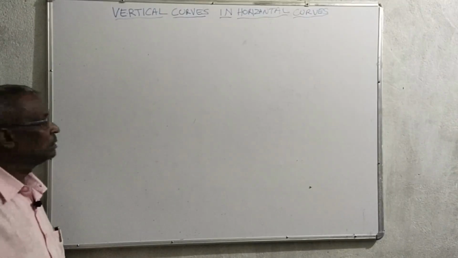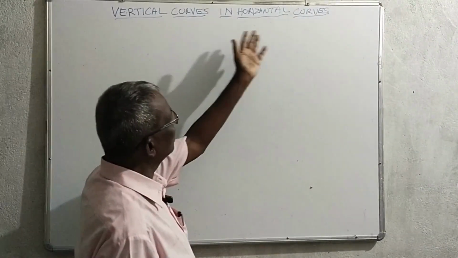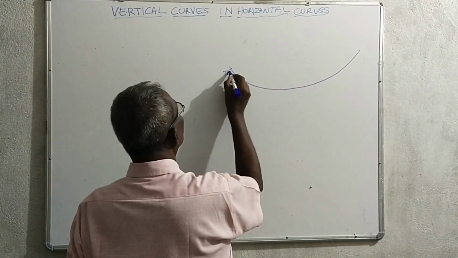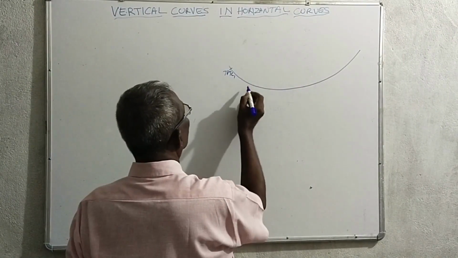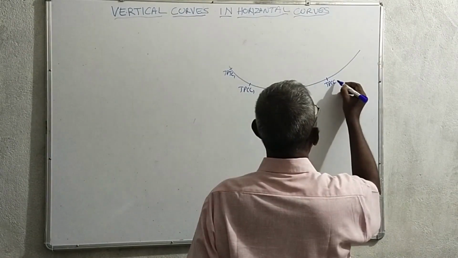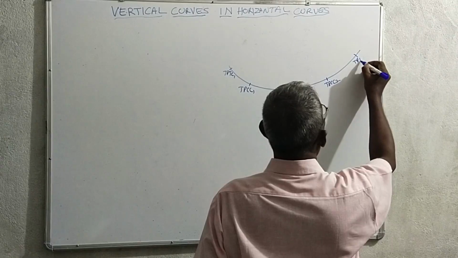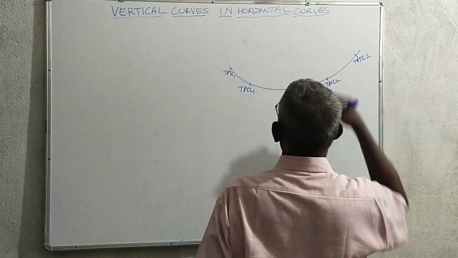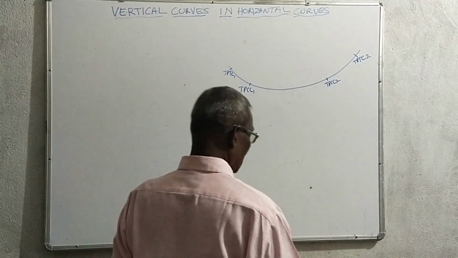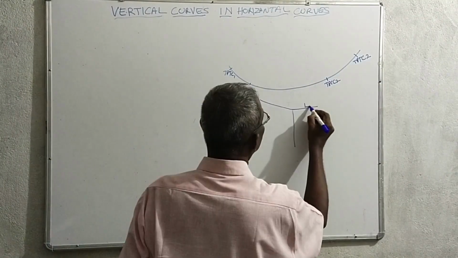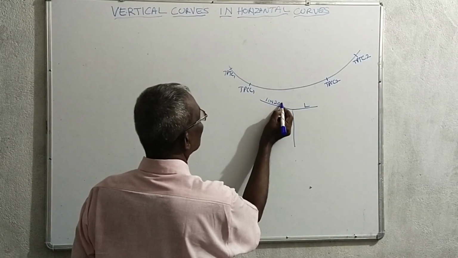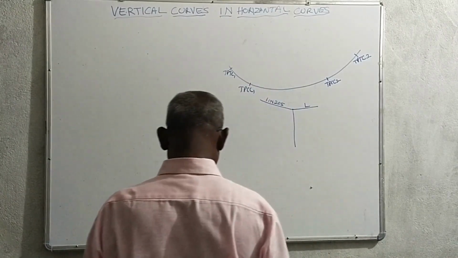Welcome back. Vertical curves in horizontal curves. In this curve, this is TPTC1, TPCC1, TPCC2, TPTC2. In this horizontal curve, we have the vertical curve. Its gradient is: this is level, this is 1 in 205. So this is the junction.